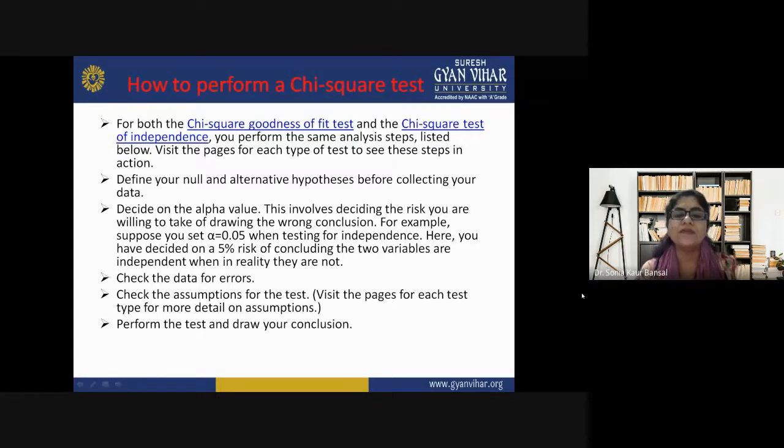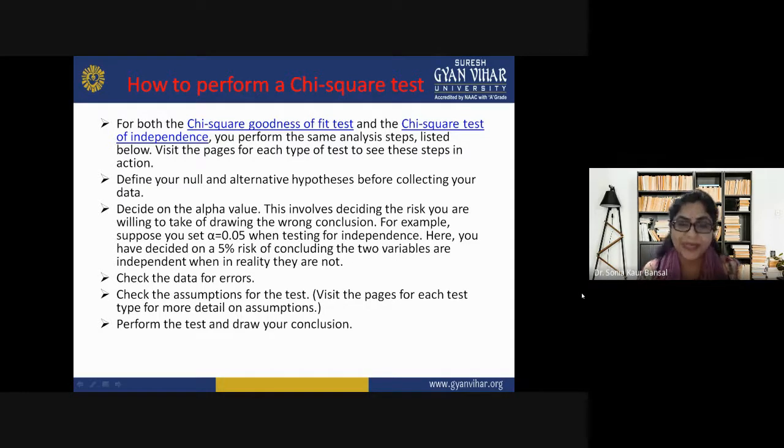And here you have decided on a 5% risk of concluding the two variables are independent when in reality they are not. So check the data for errors. Check the assumptions for the test. Then perform the test and draw your conclusions.